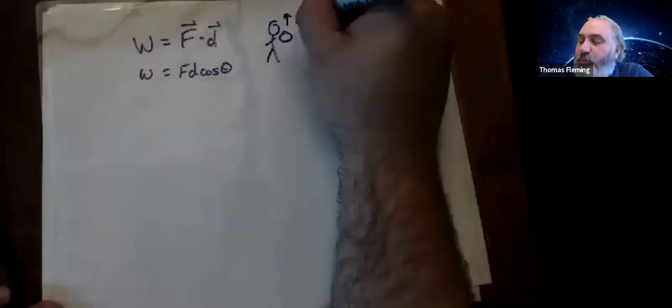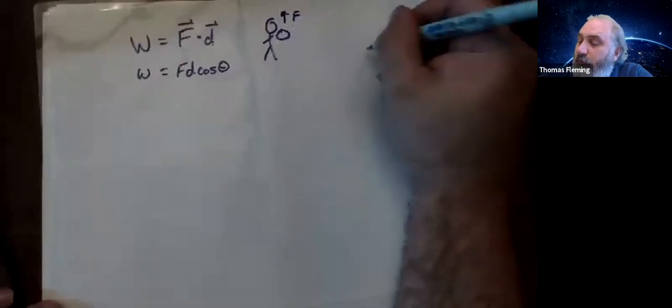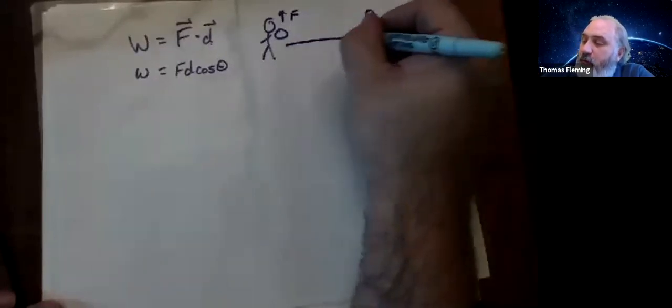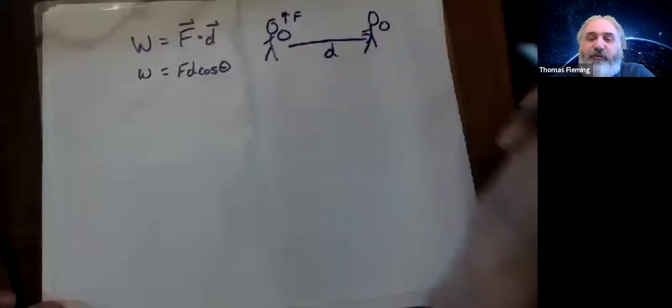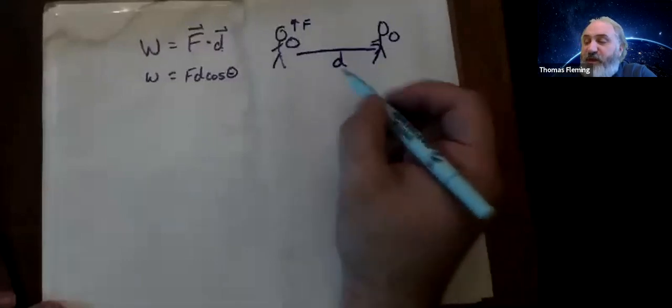So this is the force you're pushing with. And I'm moving from here to later on, you're over there. So I'm crossing that distance. So there's definitely a distance. There's definitely a force.